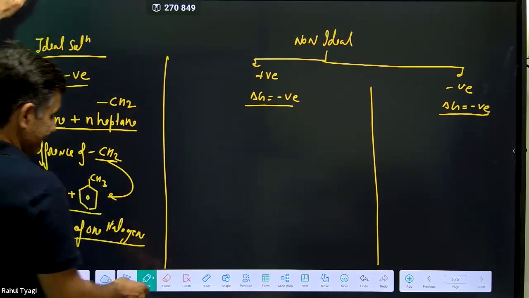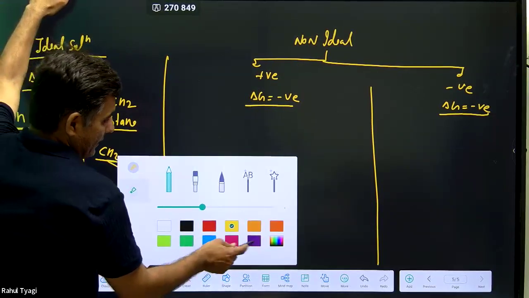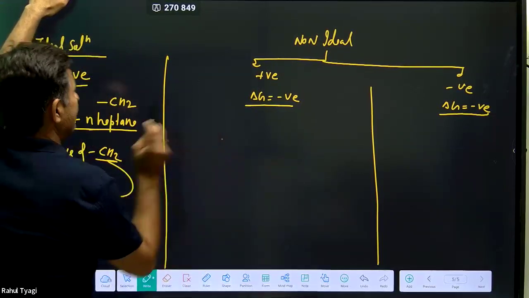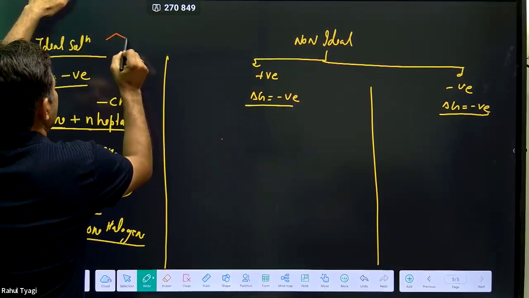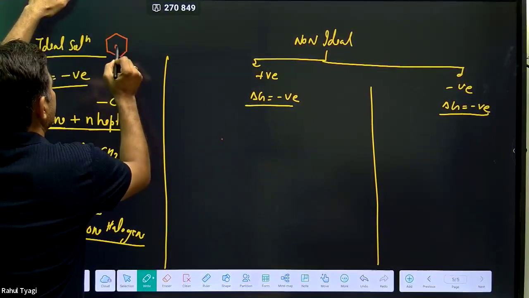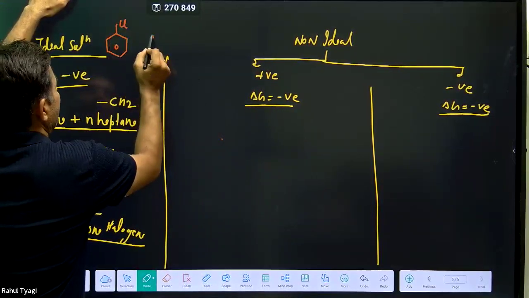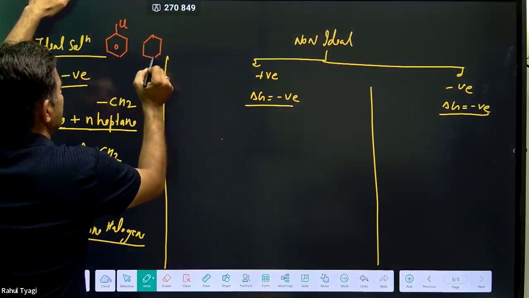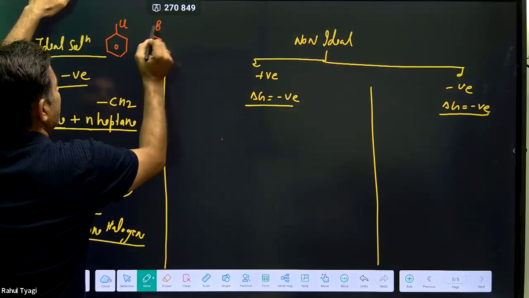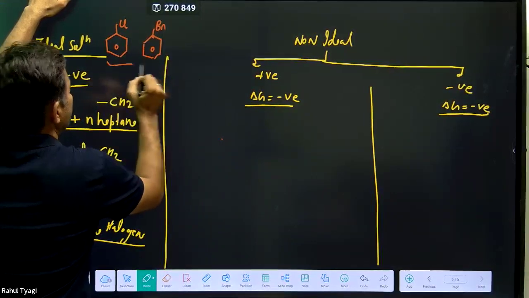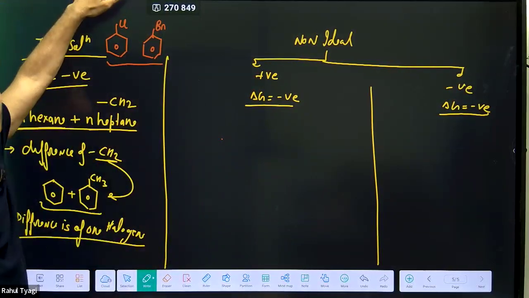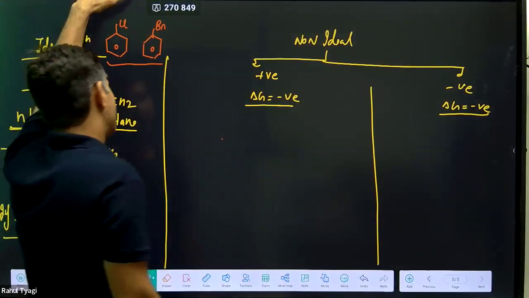Let's see, it's chlorobenzene and it's bromobenzene. After chlorine there is bromine, so this pair will form an ideal solution.